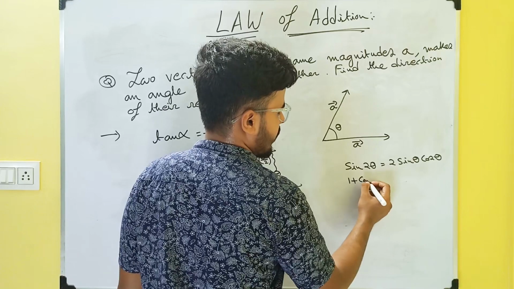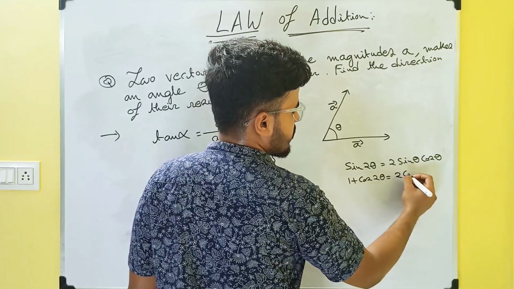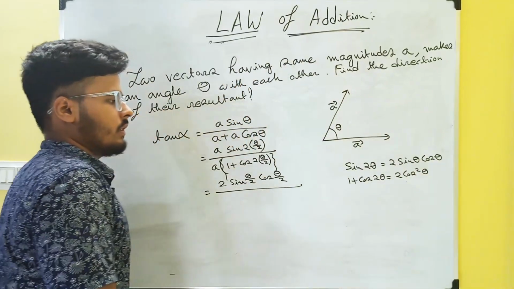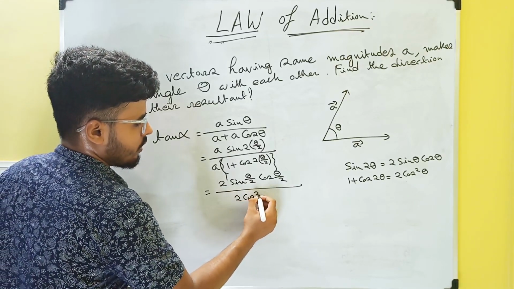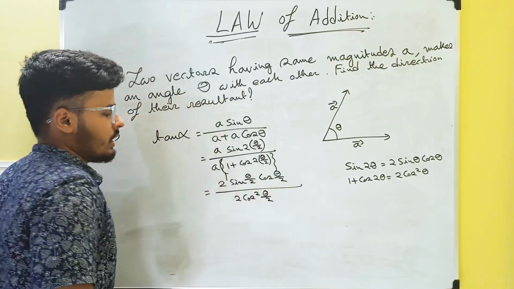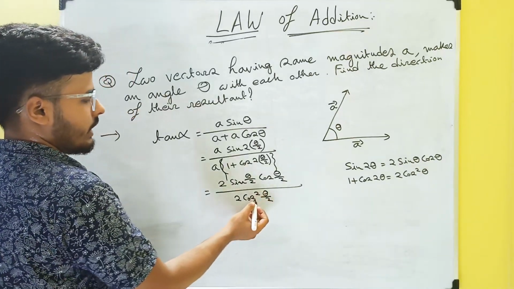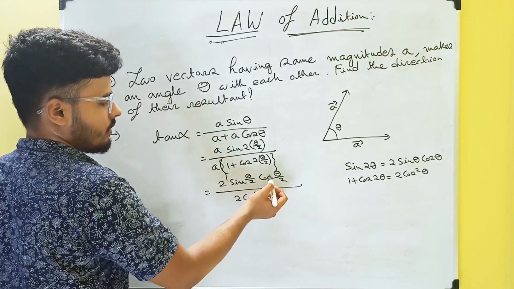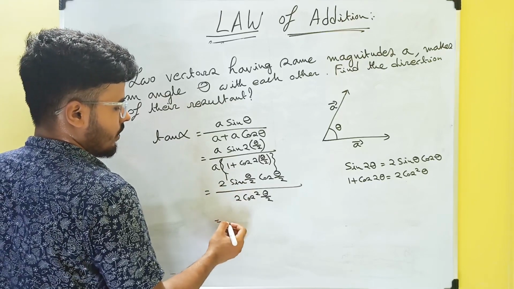What is the formula of 1 plus cos 2 theta? That is 2 cos square theta, right? 2 cos square theta. So this will be 2 cos square theta by 2, 2 cos square theta by 2, right? So here we can cancel 1 cos theta by 2 from this, and 2, 2, okay.